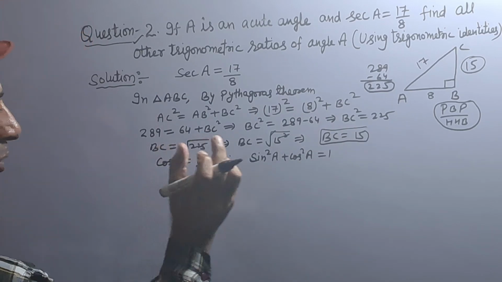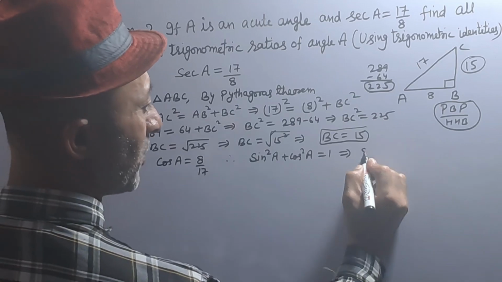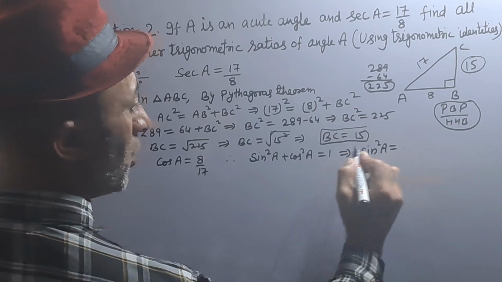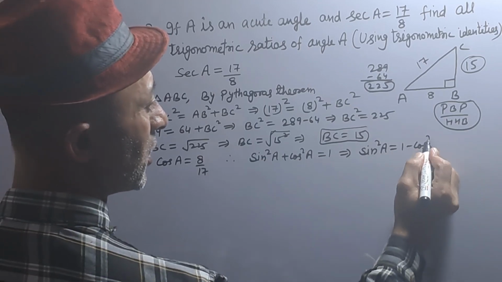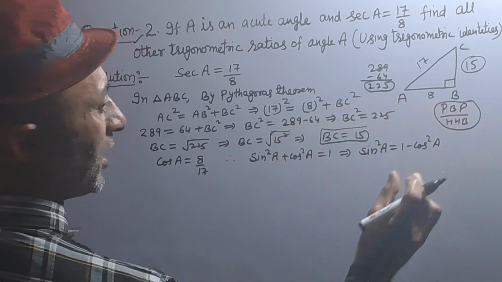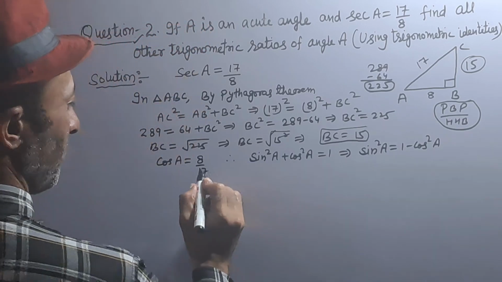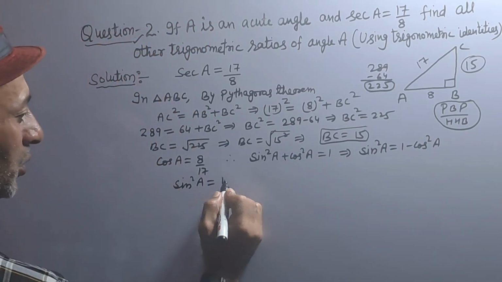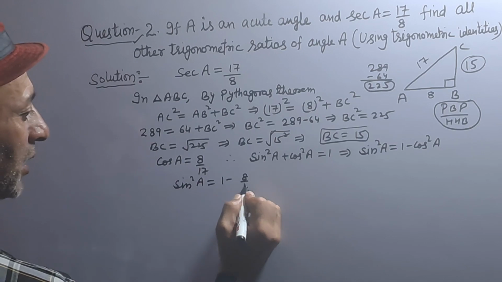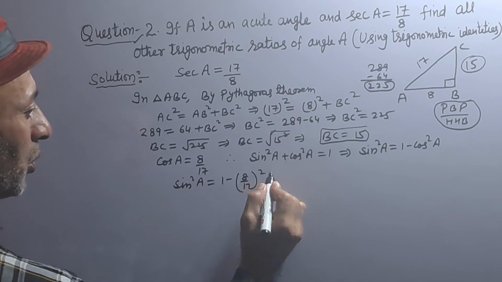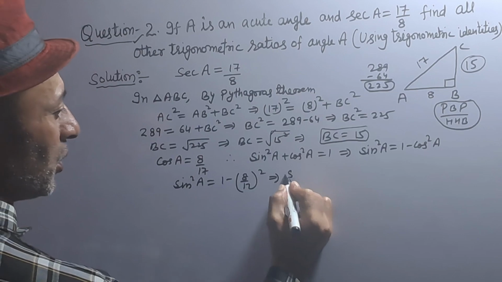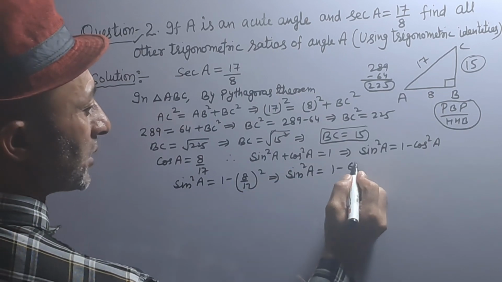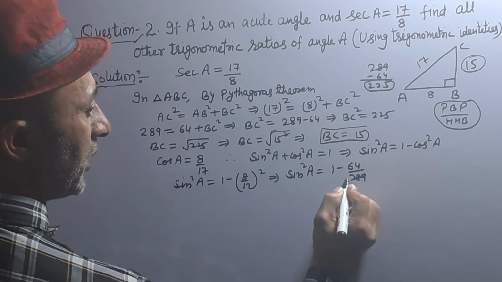Cos A is 8 upon 17, which implies sin square A is equal to 1 minus cos square A. We are shifting right side. Then sin square A is equal to 1 minus 8 upon 17 raised to power 2.